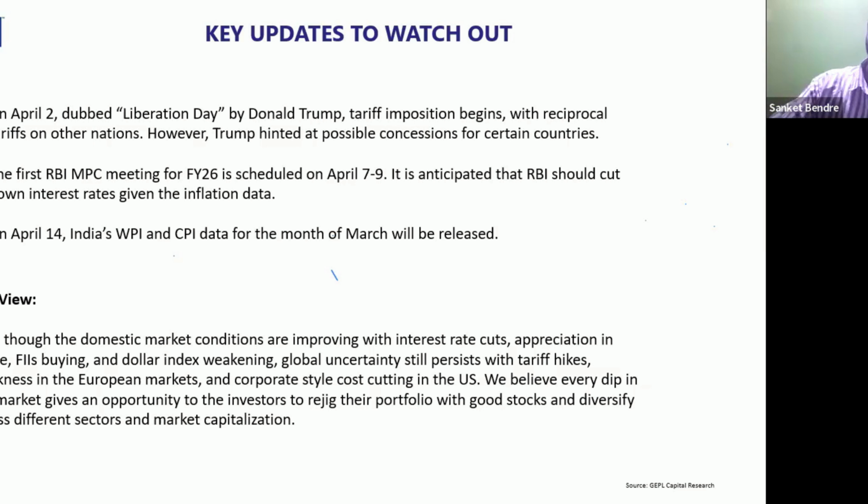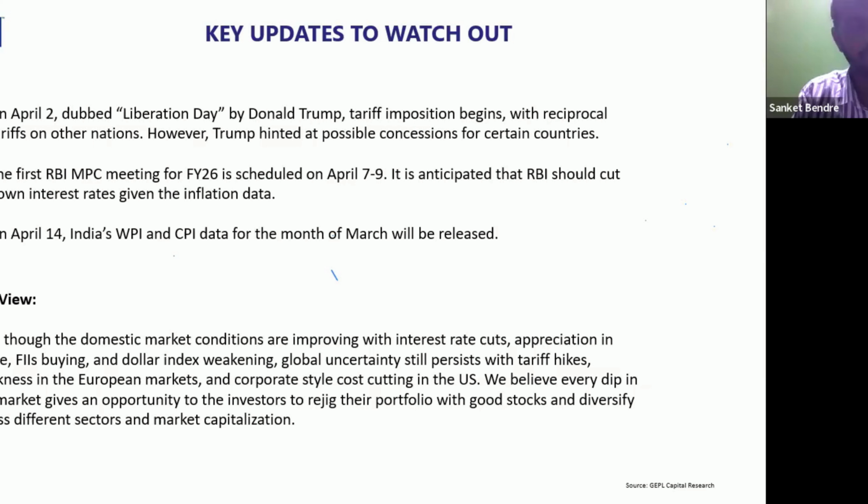So we are expecting that RBI should cut interest rates on the backdrop of lower inflation data over the past 2 months. So we might see another rate cut. We already saw a 25 bps rate cut in the month of February. So another rate cut of 25 bps is expected to happen in the month of April.